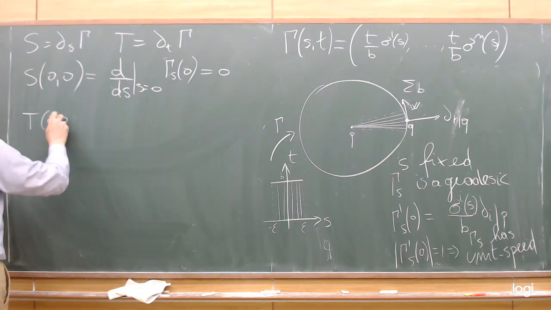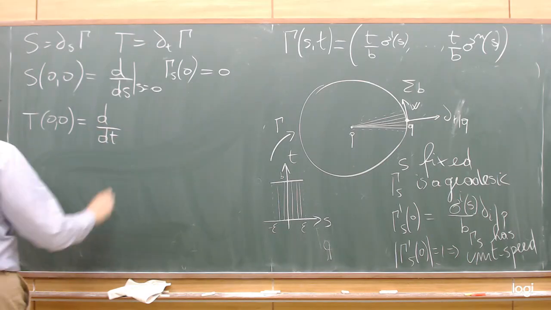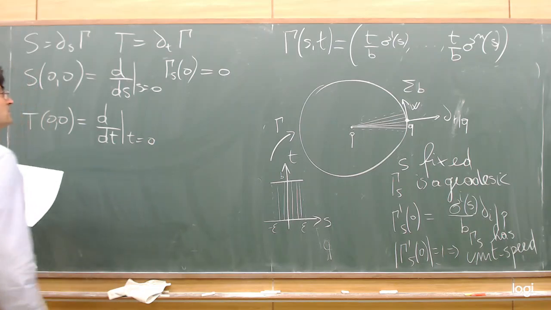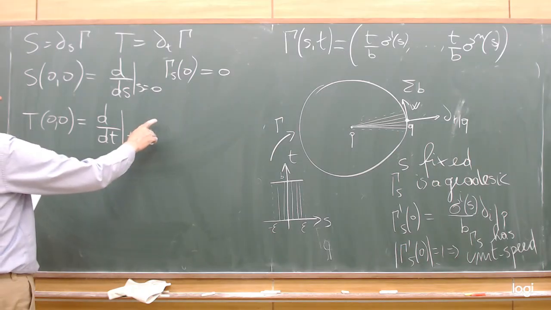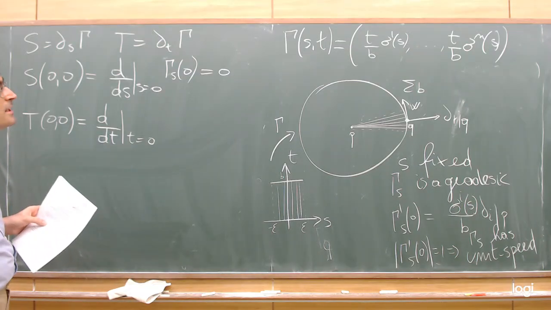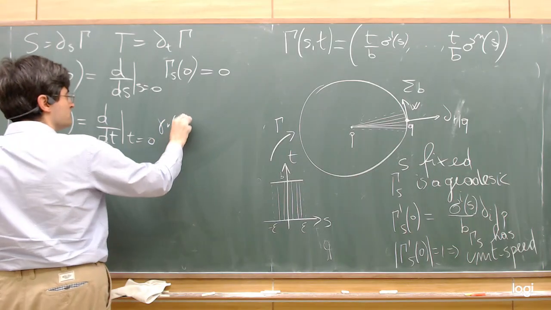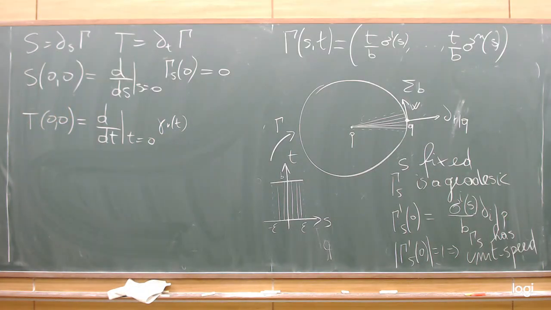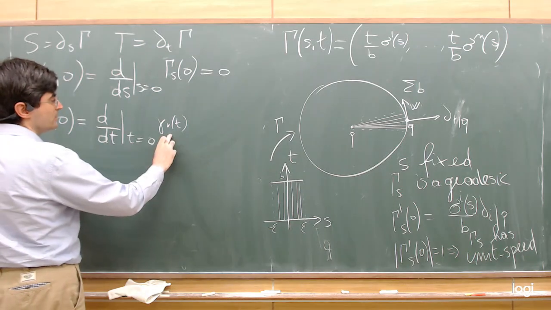T at 0, 0, this is d/dt at t equals 0 of gamma 0t, but gamma 0t is gamma vt. And clearly this is the initial velocity vector of gamma v, which is v.